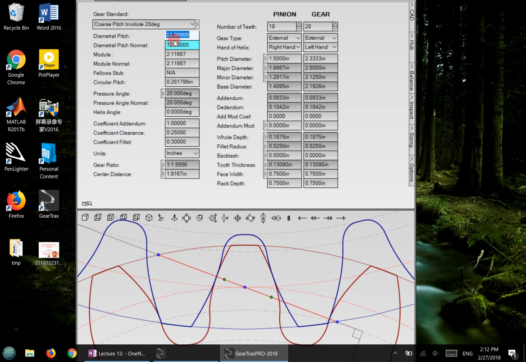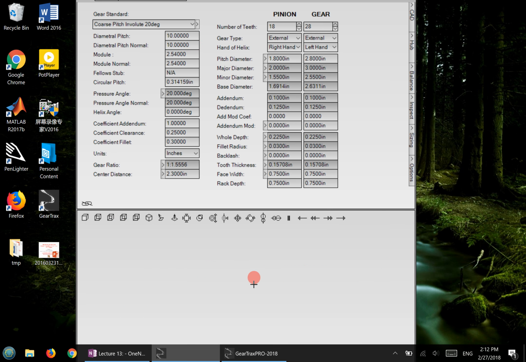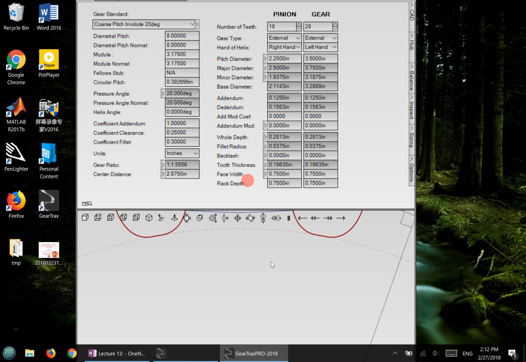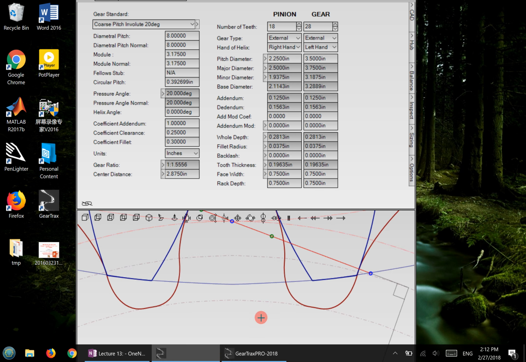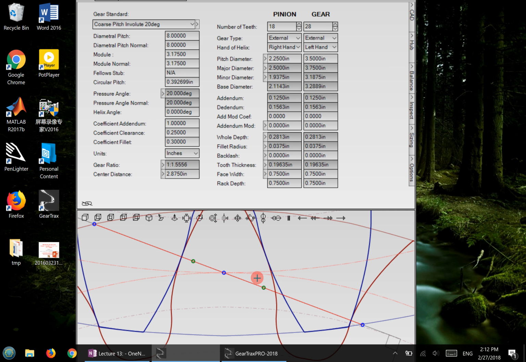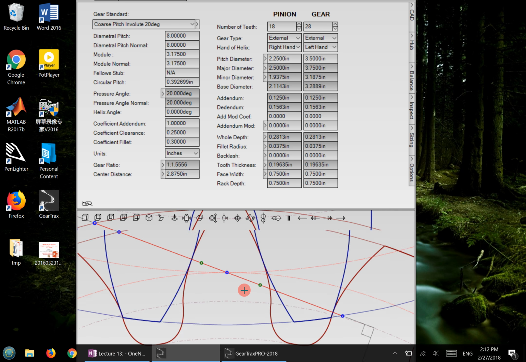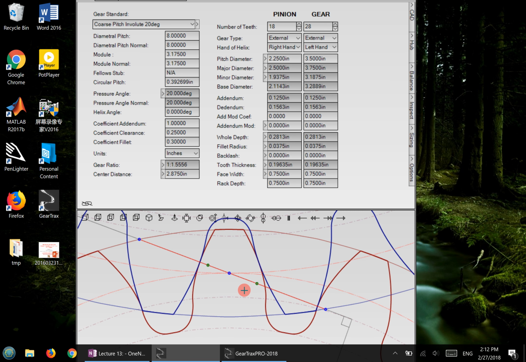Here's a 10. Did you see any change in the geometric shape? To 8. The size does change a little bit, but just look at the form, the geometric form of the tooth. There's no change, isn't it? If you change the diametral pitch to different values, you can try, and there's no change here.